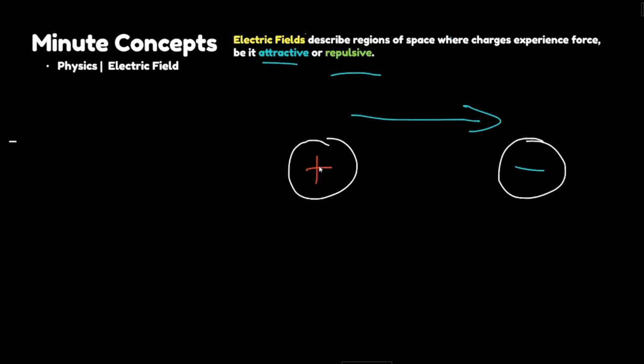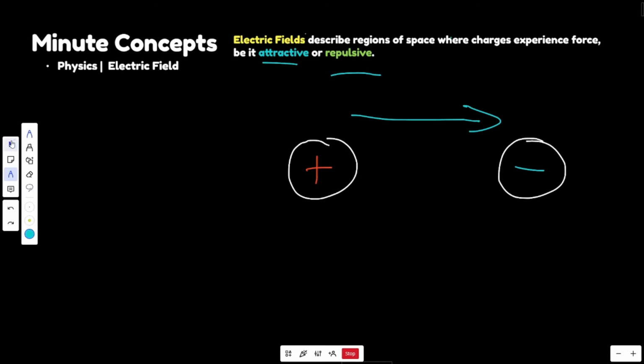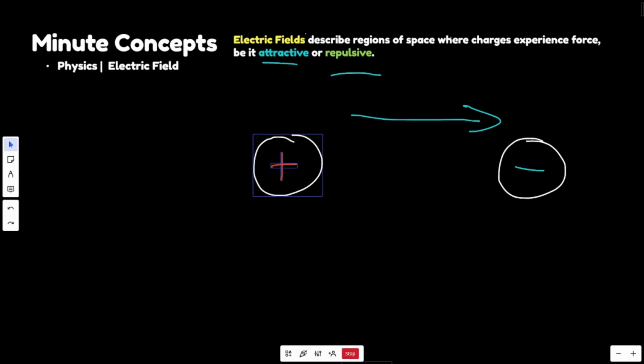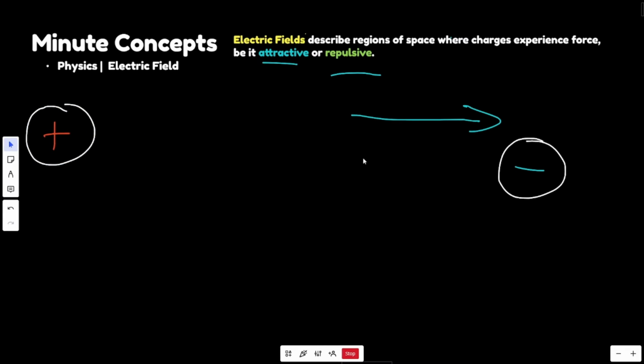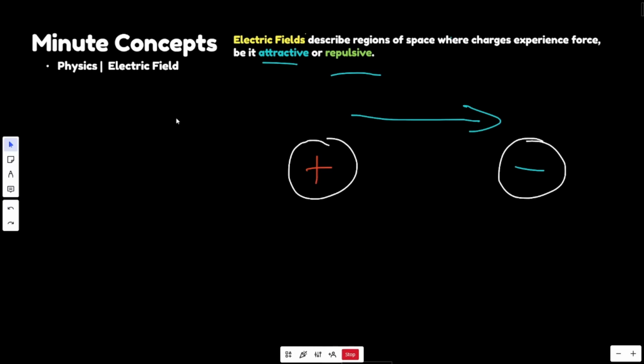So let's say that I put this charge an infinite distance away. Let's say I put it all the way here. There is a chance that the force that this negative charge would experience is equal to zero. Simply because it's no longer within the region of space where that charge can experience force. So now let's bring it back. That is how we understand and describe electric fields.